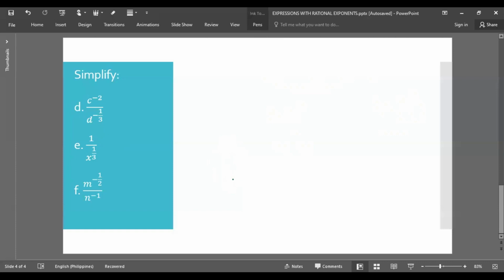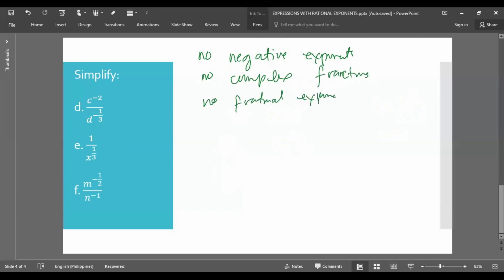An expression is said to be simplified or in its simplest form if it contains no negative exponents, no complex fraction, or no fractional exponents in denominator.